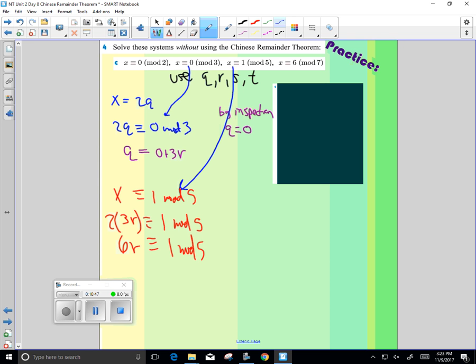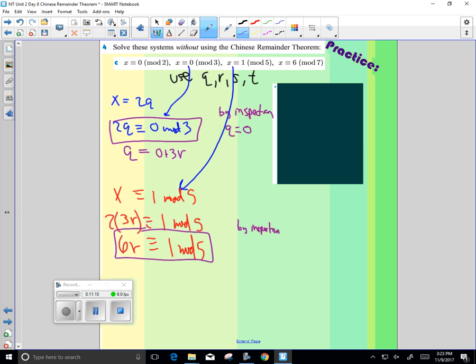Now, you might be wondering, when do I do that inspection thing? You do the inspection thing when you have to solve a mod that has a variable on the left side. So we have that there and we have that here. We're going to do another by inspection.